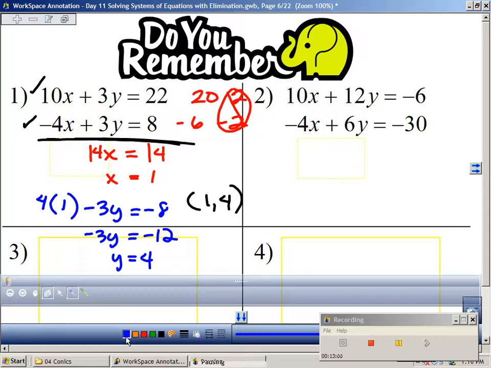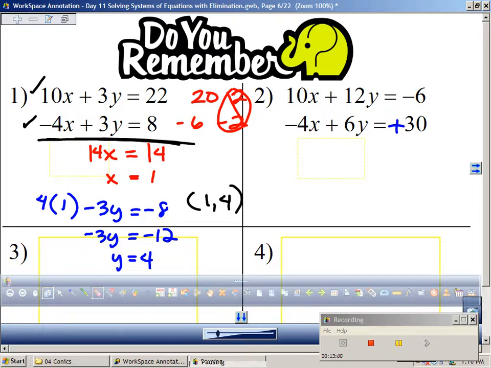Okay. So if I divided this whole thing by -1, this would be positive, this would be negative, and this would be positive. What else would you have to do? I can't get rid of this, and I can't get rid of this yet, because this is 14x if I add them, and this, if I add them, is 6y. So what do I need to do? Kayla.